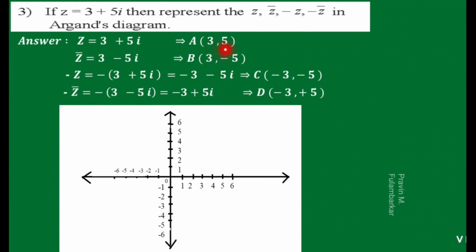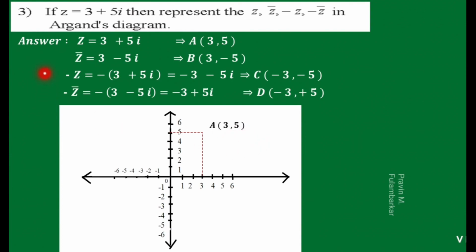So we take 3 on x-axis and 5 on y-axis. So see how to plot a point. So this is a representation of point z, that is the representation of point A of (3, 5).